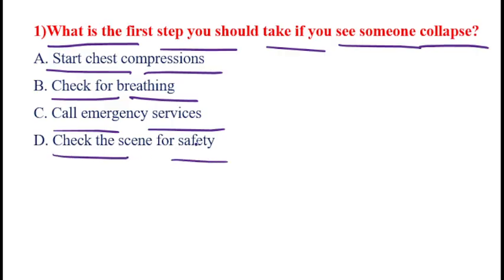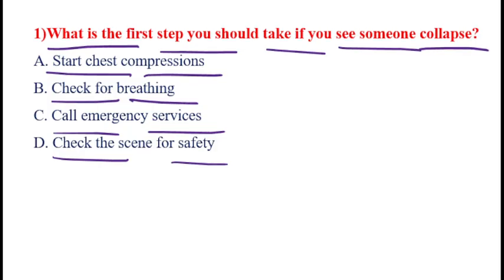Whenever you see someone collapsed, never go directly and start with cardiopulmonary resuscitation. Before you start with chest compression, you have to check for the scene safety, whether the person who has collapsed is in a safe scene.